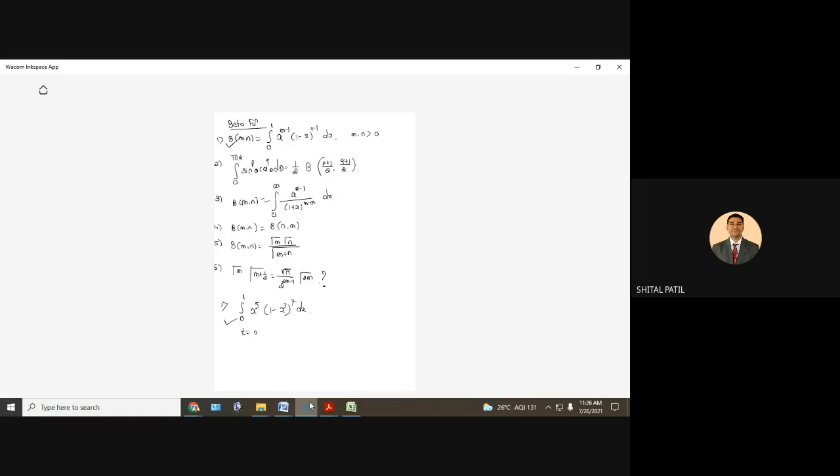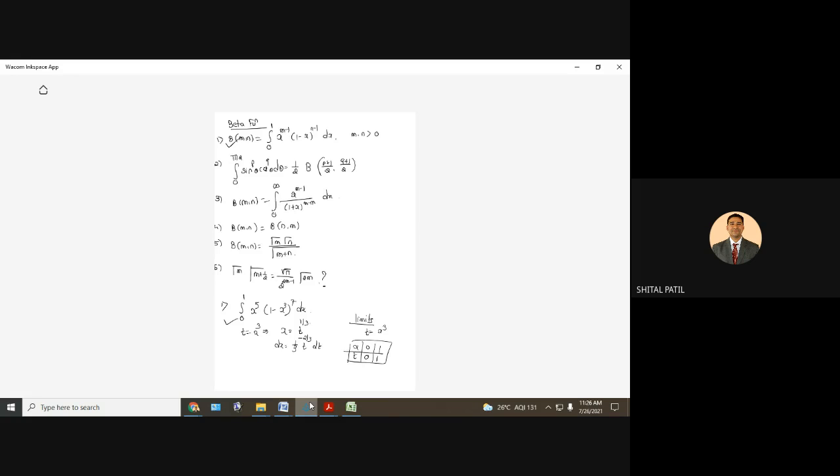So what is the substitution? t equal to x cube. This is the substitution. Once we have the substitution, x equal to t raised to 1 by 3. Then you find dx from here. Find the limits. No change.